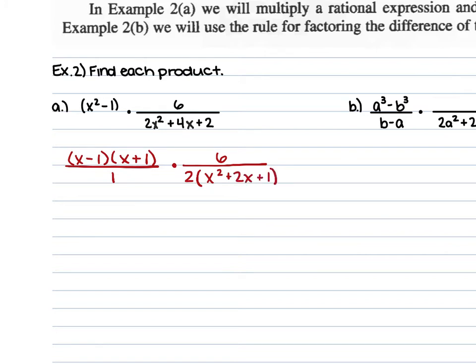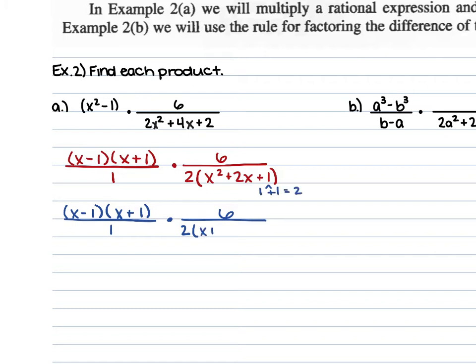You can continue to factor the denominator of that second fraction. So I'm going to rewrite this one more time. I'm going to have x minus 1 times x plus 1 over 1 times 6 over 2 times that x squared plus 2x plus 1 is a perfect square trinomial. Your factors of 1 that add up to 2 are 1 and 1.